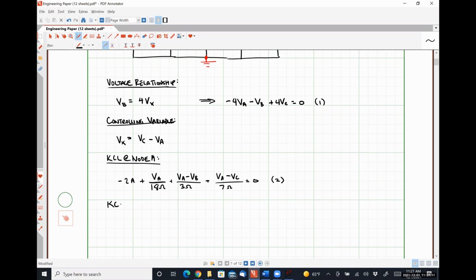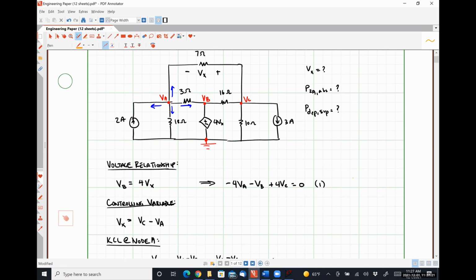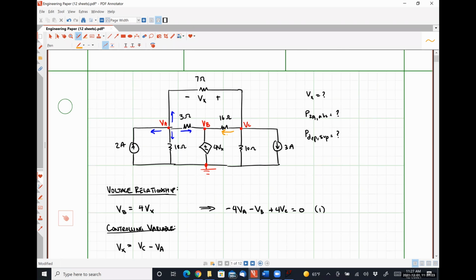And then finally, we have KCL at node C, where we are going to be looking at this current plus this current plus this current plus this current, all added together to make 0.